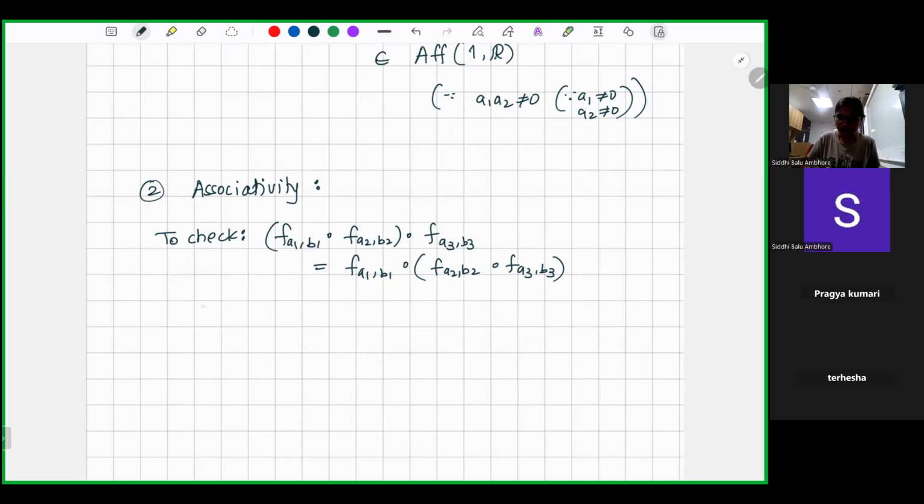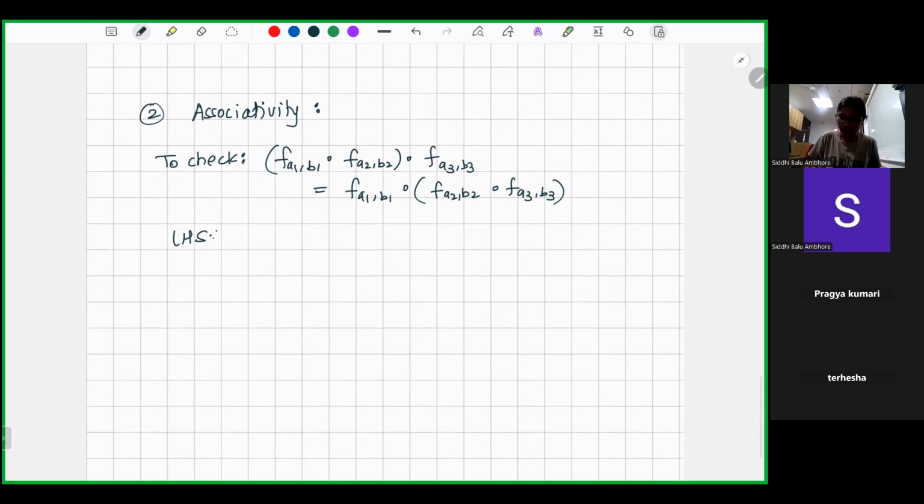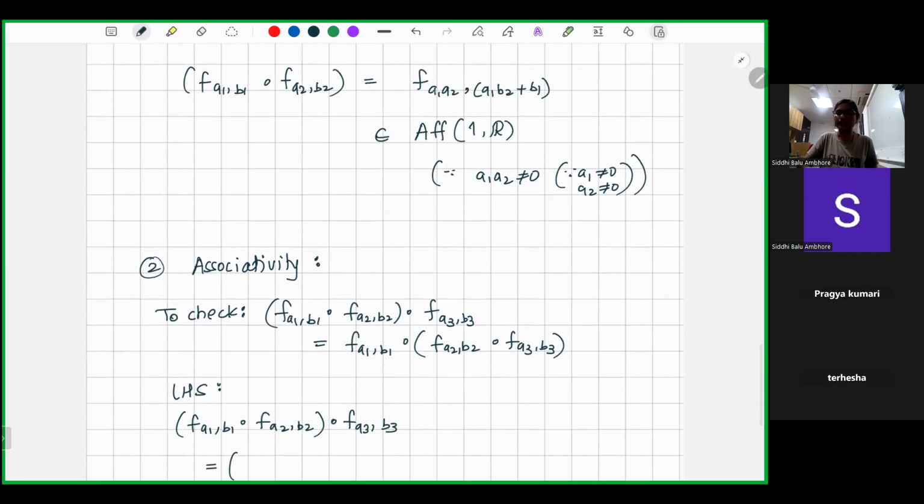So let us start with the LHS. That is f_{a1,b1} composed with f_{a2,b2} composed with f_{a3,b3}. So what is f_{a1,b1} composed with f_{a2,b2}?